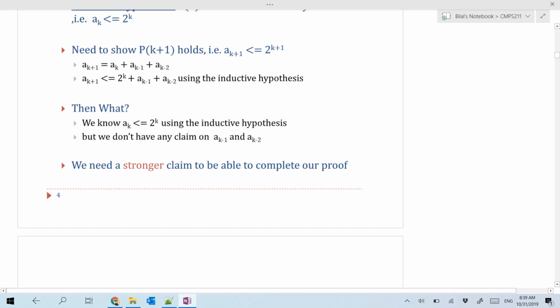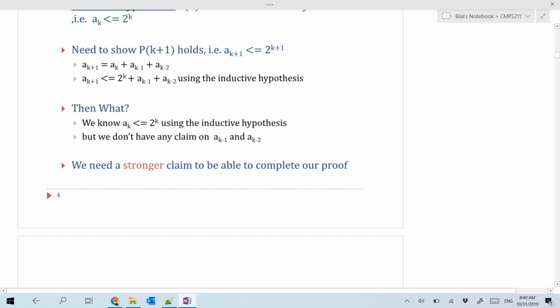Sometimes, if we have such correlation between items in our sequence and more than one previous item, then we need to check 2 or 3 base cases first, and then we can use the induction hypothesis to prove the property from there onwards.